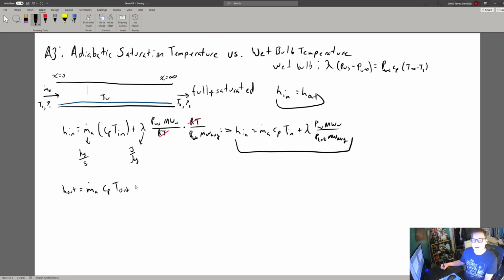So then we're going to add the heat of vaporization like we did before, but at this point it would be completely saturated, so we will need the saturation pressure times the molecular weight, and it'd be similar to the enthalpy in. We're just going to divide by the total pressure and average molecular weight.